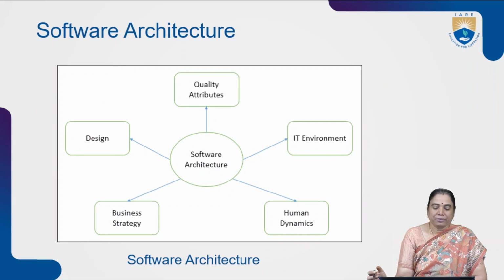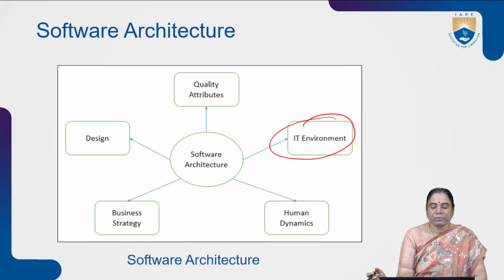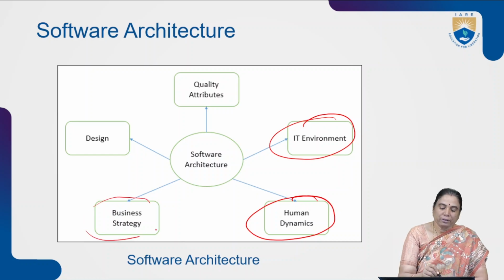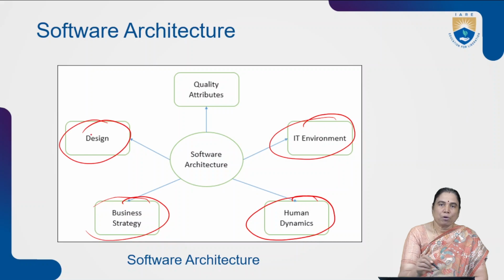The software architecture is generally related to the development environment, the IT environment, and which type of process model can be used for the construction of the software, like the waterfall model, agile software development, unified process, etc. Human dynamics, the stakeholders interacting with the project and the environment in which they are operating, and the business strategies, transactions and business rules, and organization or enterprise structure greatly influence the software architecture and the design of the components.